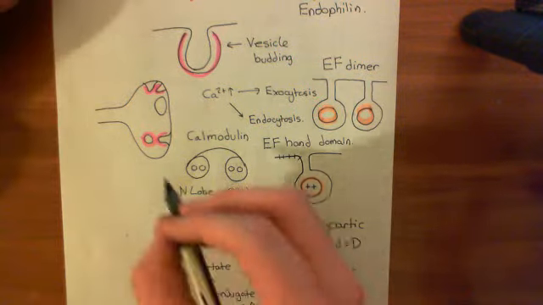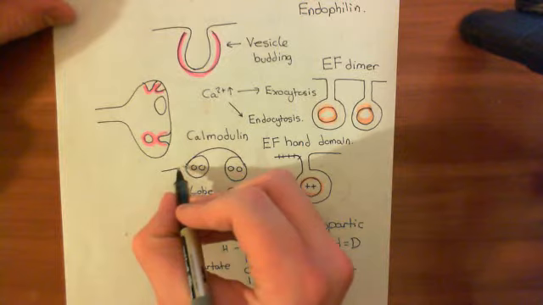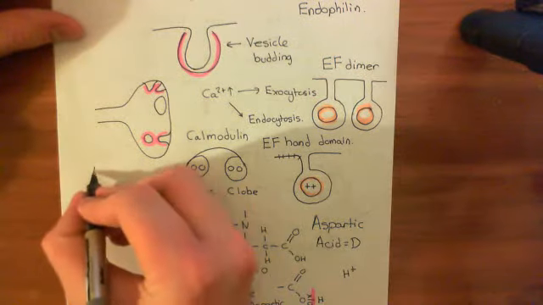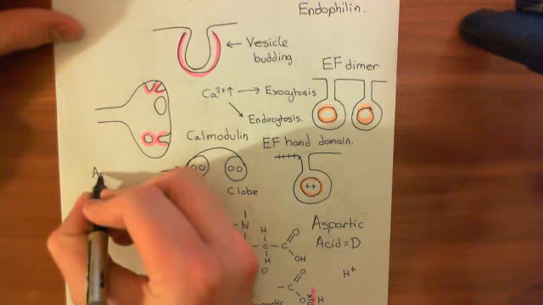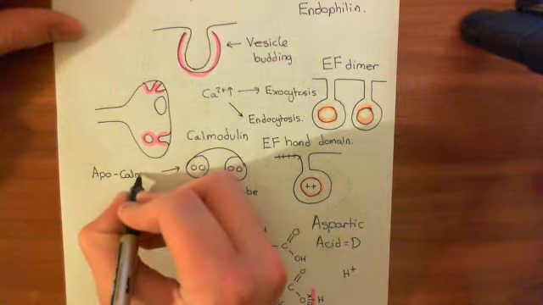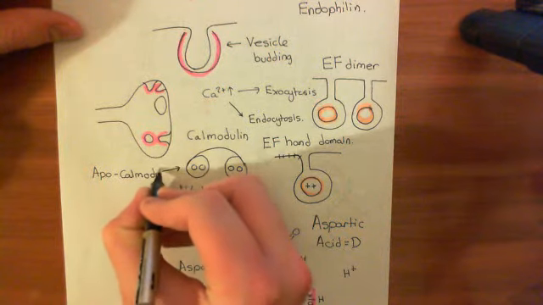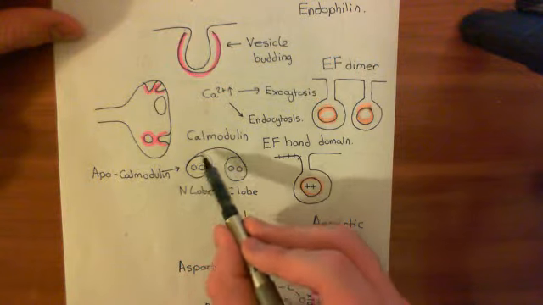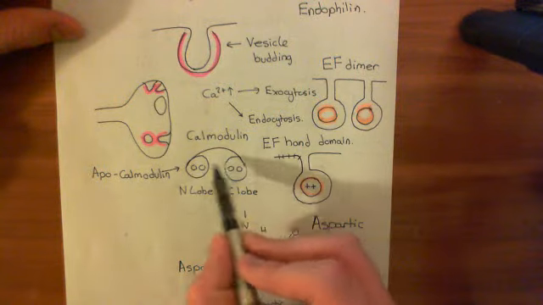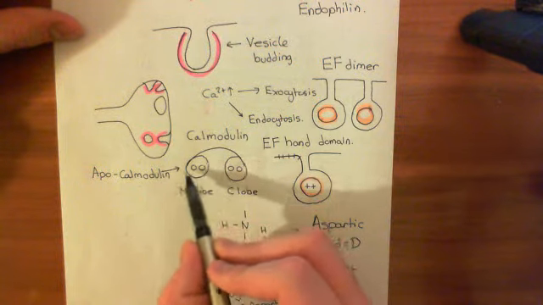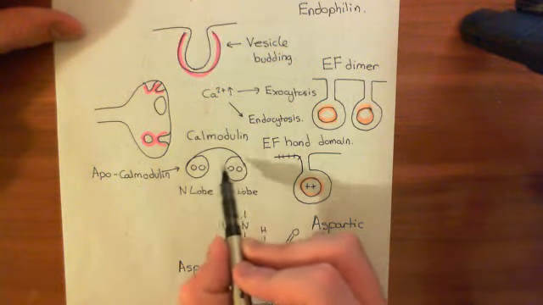Right, so at the moment, this structure that I've drawn here is the Calmodulin when it's got no calcium bound to it. And there's a special name for that. It's called apocalmodulin. Okay, so apocalmodulin refers to Calmodulin when it has no calcium bound to it. And basically, you can see that I've drawn it in this hunched over shape, with the N and the C lobe quite close together.